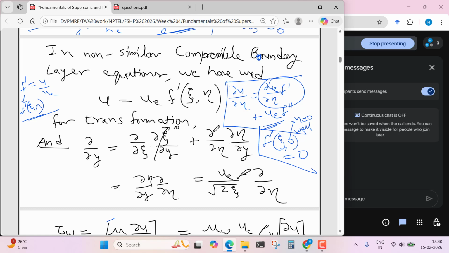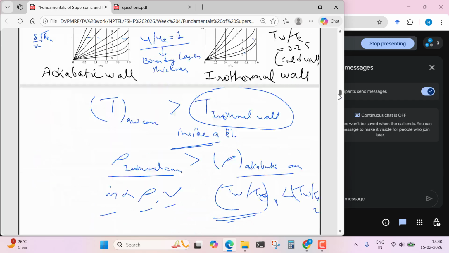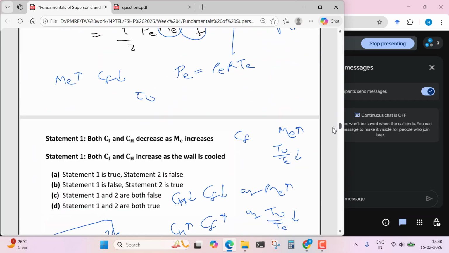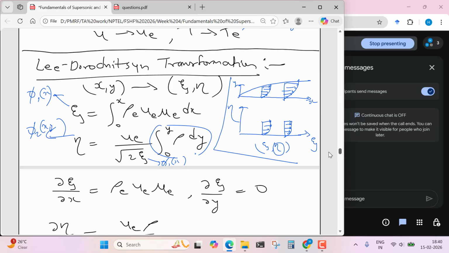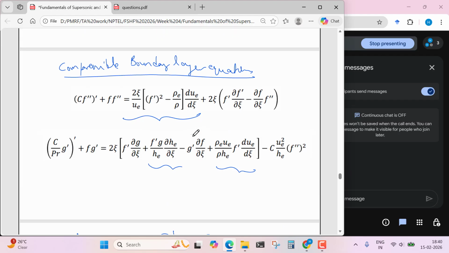After that, we take some assumptions, like we are taking these two functions f and g such that dou u_e upon dou xi is 0, and dou h_e upon dou xi is 0.